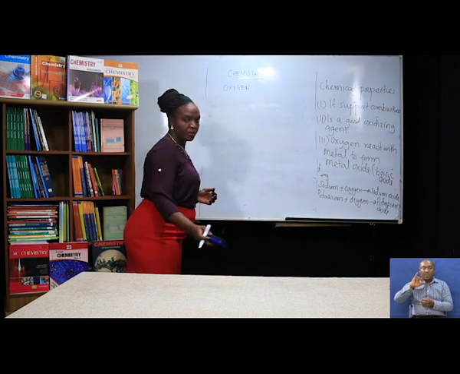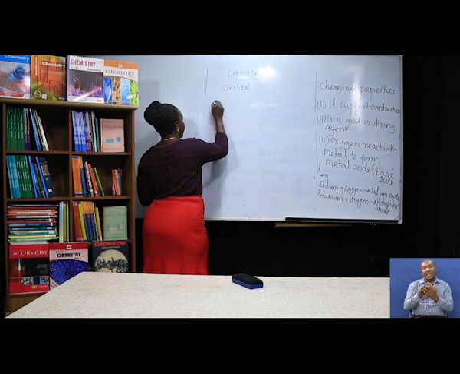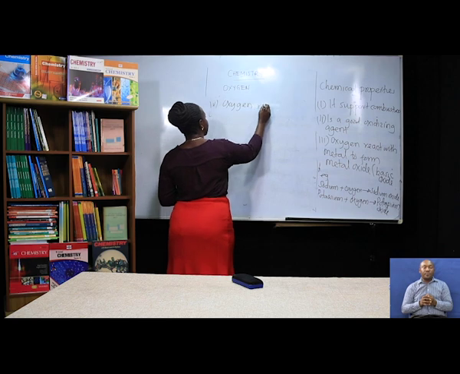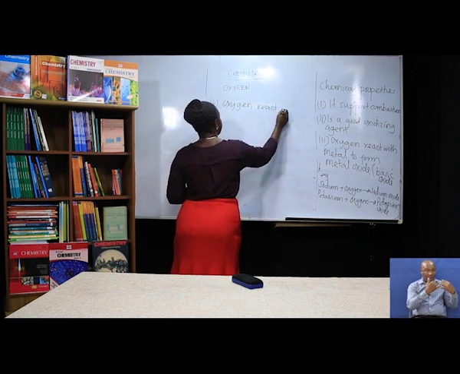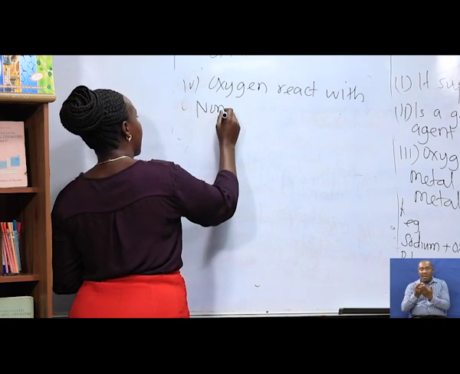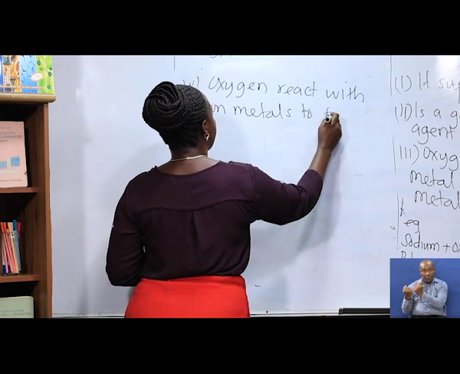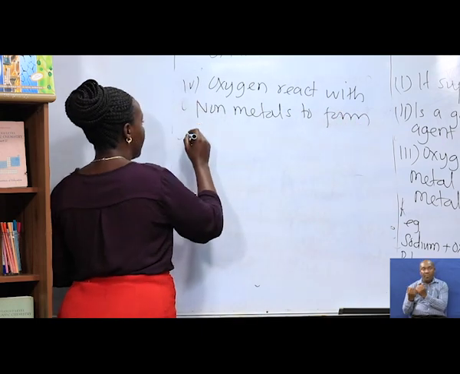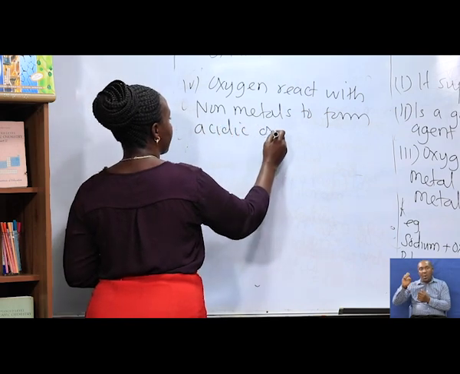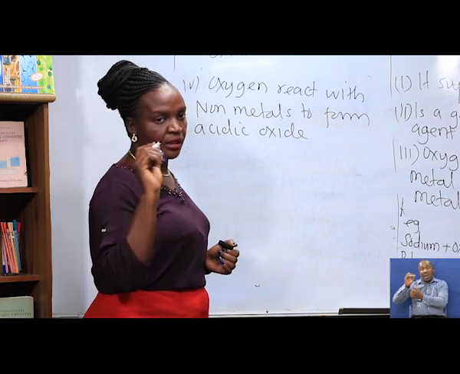So number four, oxygen reacts with non-metals to form acidic oxide. They form acidic oxide or non-metallic oxide.